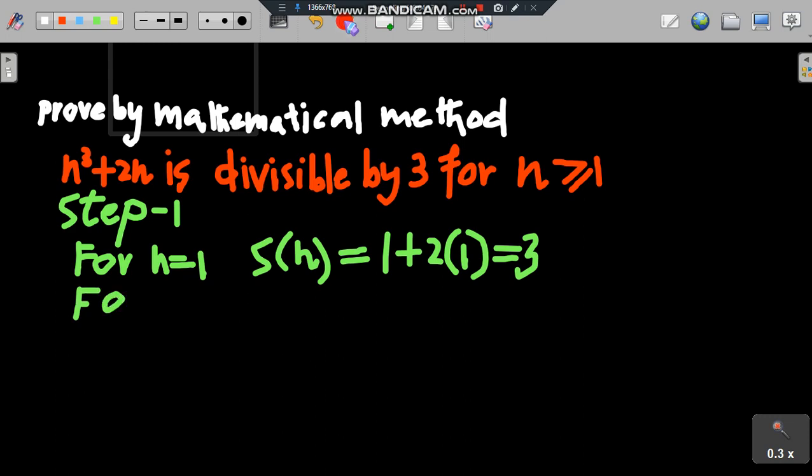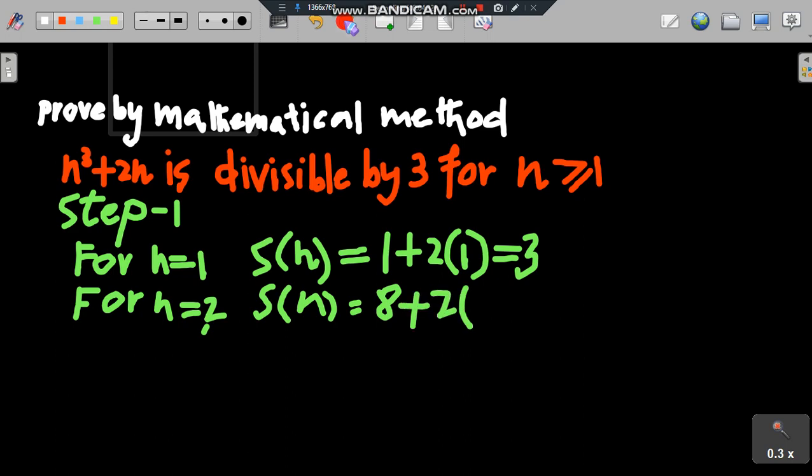Now for n equal to 2, we substitute: 2 cube is 8, plus 2 into 2 is 4, which gives 12. So for n equal to 1 the fact is true, that is n cube plus 2n is divisible by 3. Similarly for n equal to 2 the fact is also true.